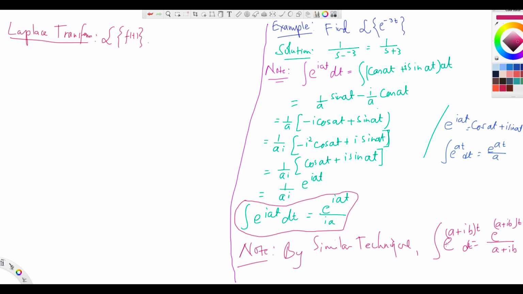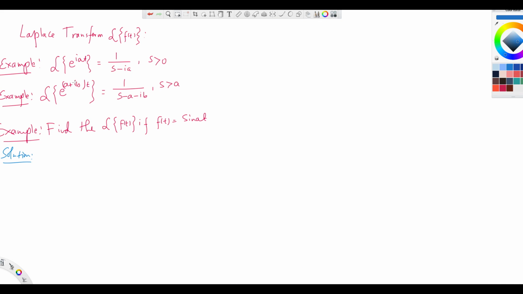Now what I want to do next: as the integral of e to the iat is e to the iat over ia, it follows the same integration pattern as e to the at. Similarly, the Laplace transform of e to the iat will be 1 over s minus ia. Do you remember what the Laplace transform of e to the at was? It was 1 over s minus a.